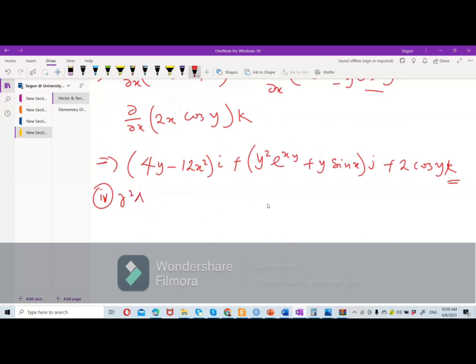The d²A/dy². It's very simple. d/dy of the dA/dy.